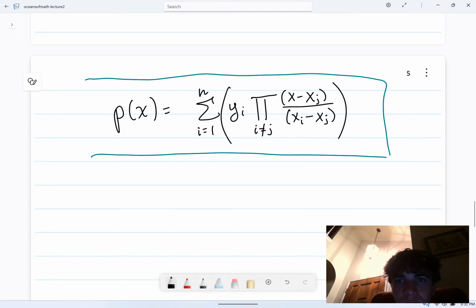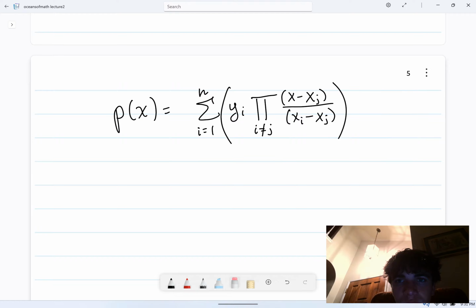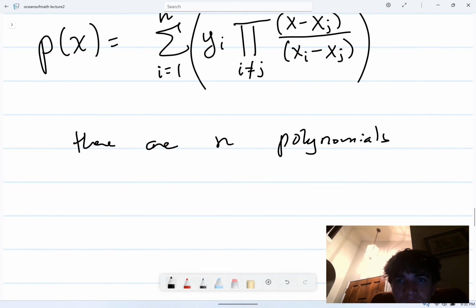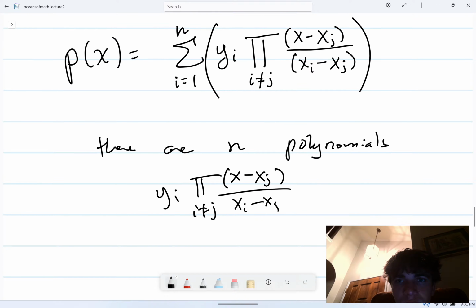We'll notice that there are n polynomials, and the polynomials are y sub i, product over j not equal to i, of x minus x sub j over x sub i minus x sub j. And they're each of degree n minus 1.